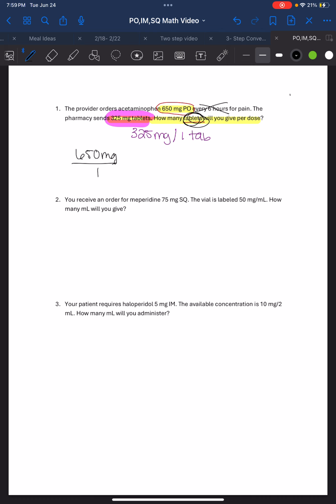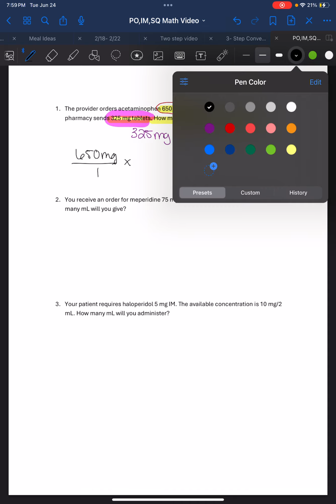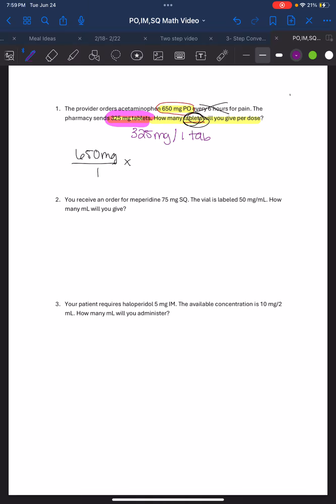In order to cancel things out, per usual, if it's on the top, you have to put it on the bottom. So we're going to use that conversion factor to cancel out milligrams and get to tablets. In order to cancel out milligrams, milligrams has to go on the bottom, and that's 325. And tablets can go on the top, 1 tablet. So now we've canceled out milligrams and ended up in tablets, which is what we needed.